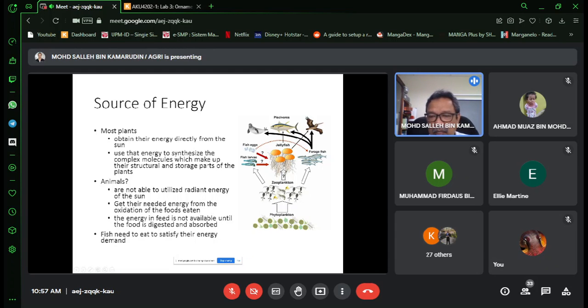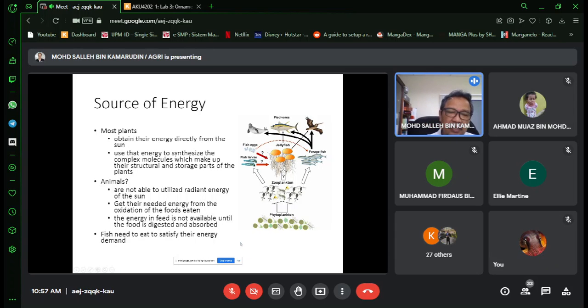So basically itulah yang berlakunya. Energi itu datang daripada matahari juga. So if this part of the food chain, kalau ada problem di sini, maka dia akan ada problem seterusnya. Okay?